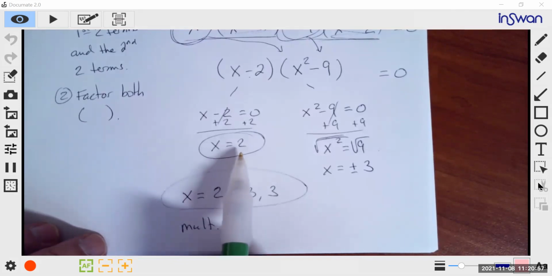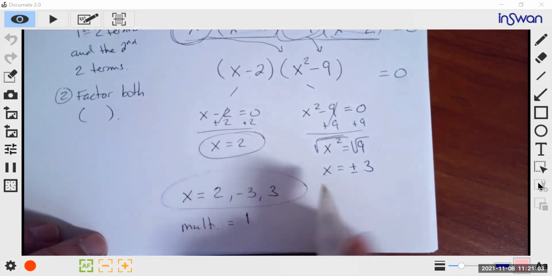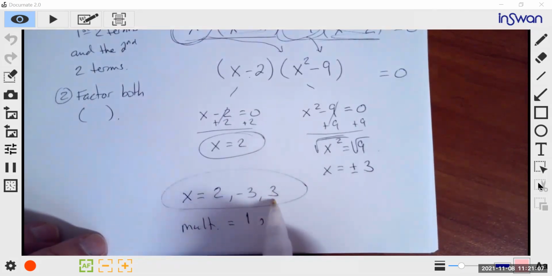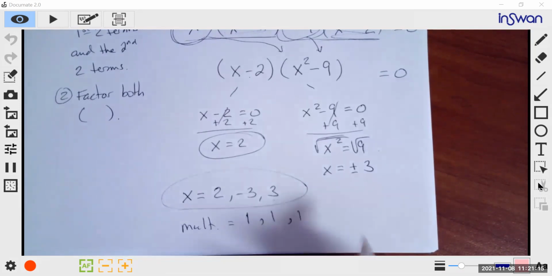How many times does it occur? 1. How about the multiplicity of -3? It's also 1, because it only happens once. And +3, it's also 1. So what does that tell me about my graph? What's going to happen at the x-intercepts? Is the graph going to bounce or cross at that point?